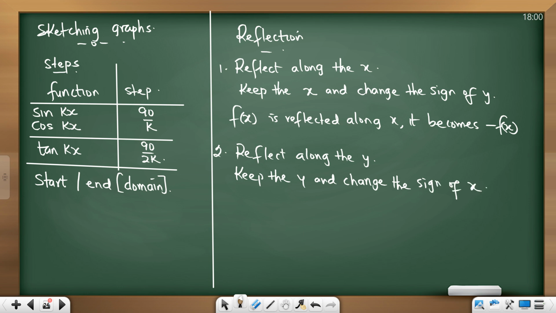So what are we going to have? f of negative x. Where we see the x, it becomes what? A negative.